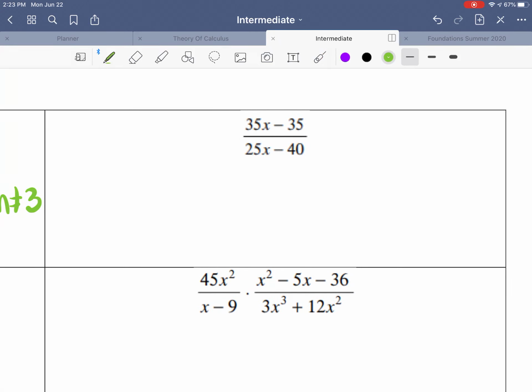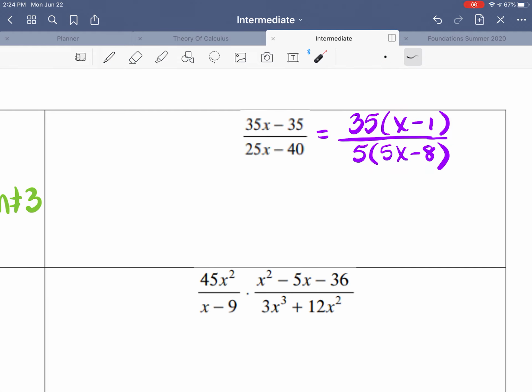We have another rational expression. Both can be factored. In the numerator, they share a 35. They're both divisible by 35, the greatest common factor. I do have a video on greatest common factors also. And in the denominator, they're both divisible by 5. So 5 is the greatest common factor.